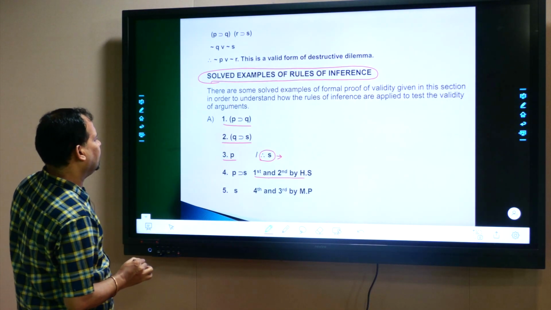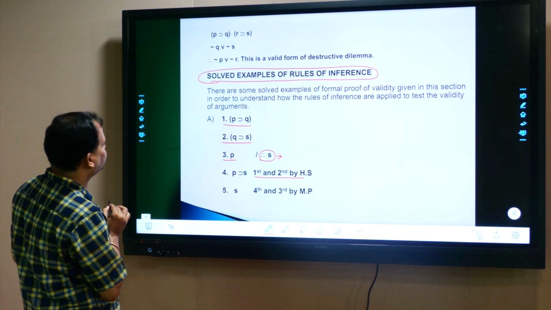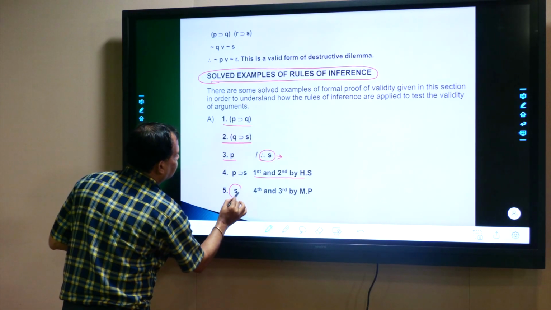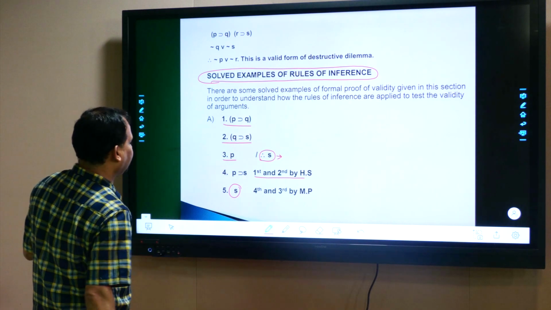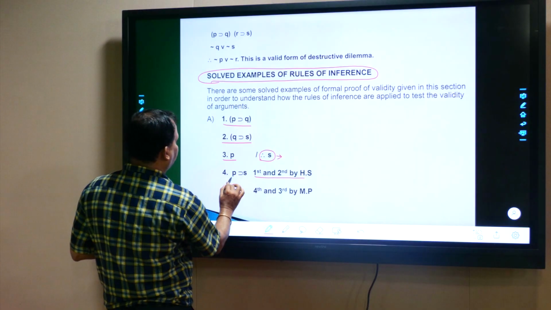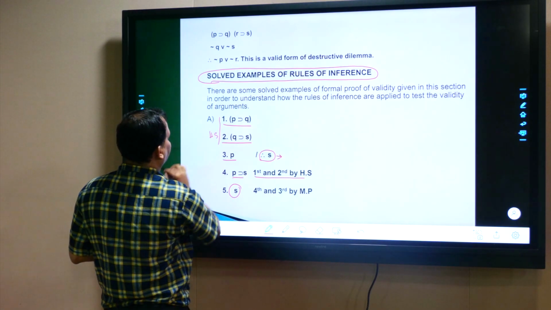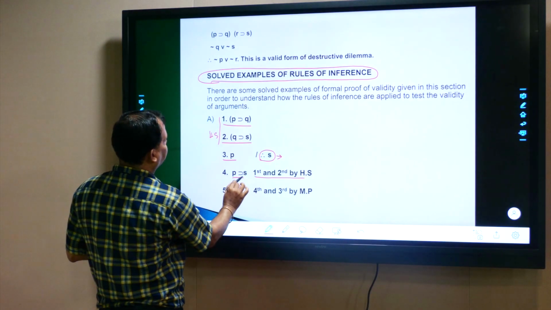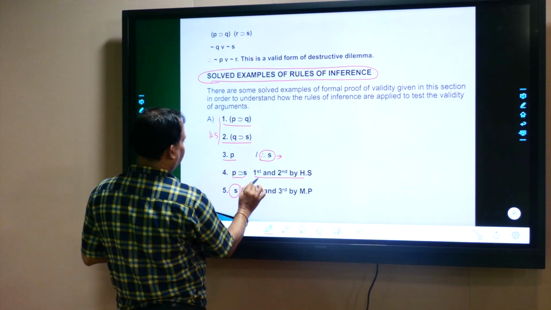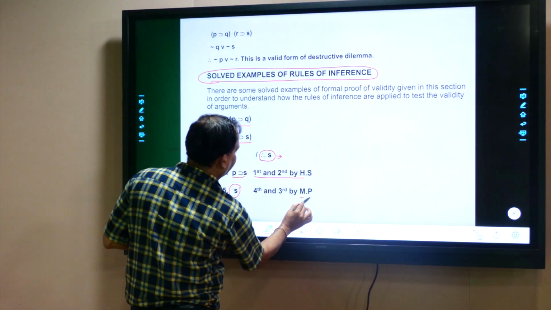If we use the rules of hypothetical syllogism on first and second, then we find P implies S. Then fourth and third, we have to apply by Modus Ponens.